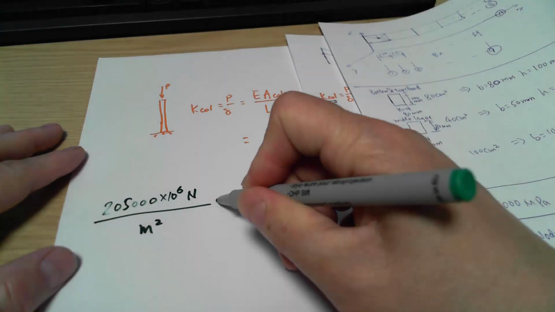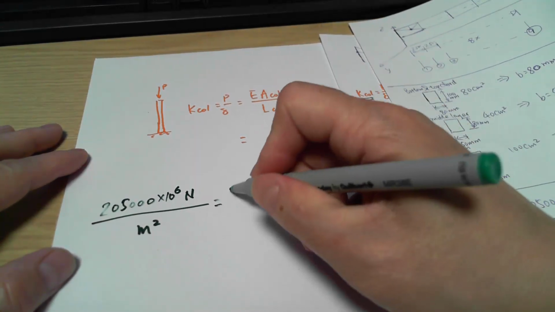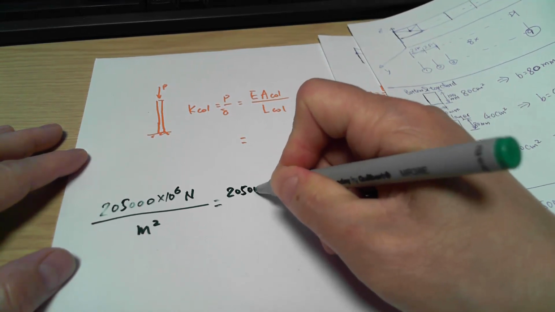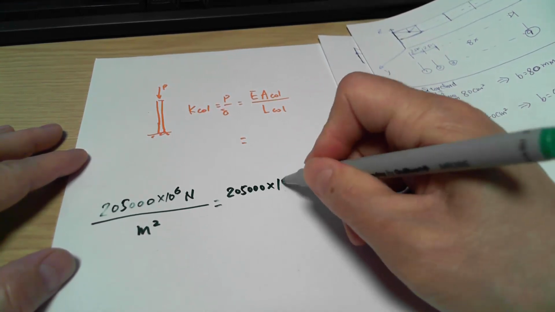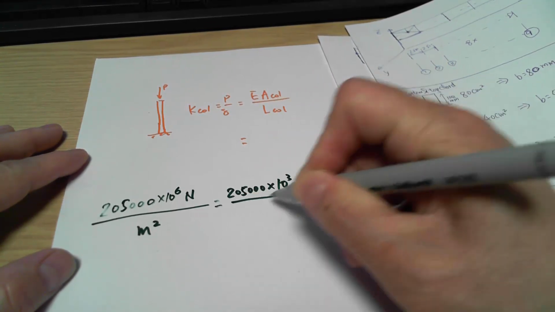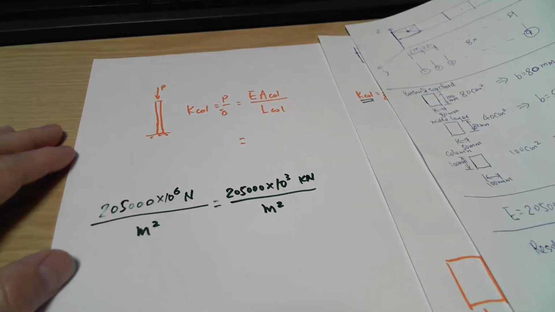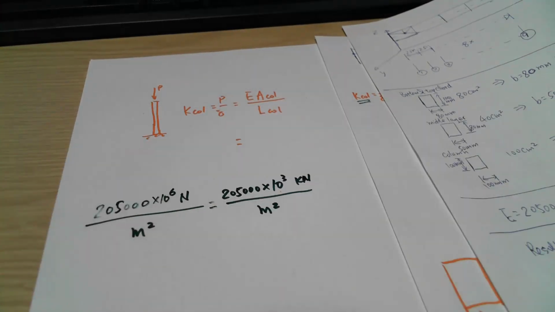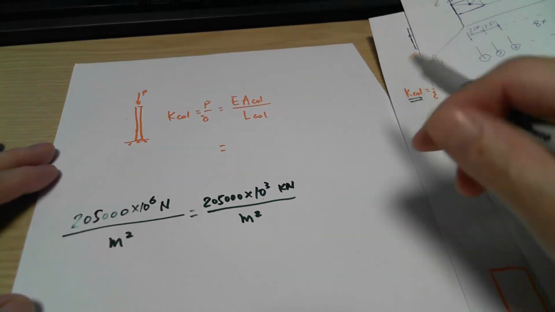So we need to convert into kilonewton. That should equal 205,000 times 10 power 3 kilonewton per meter square. That's the Young's modulus we have.